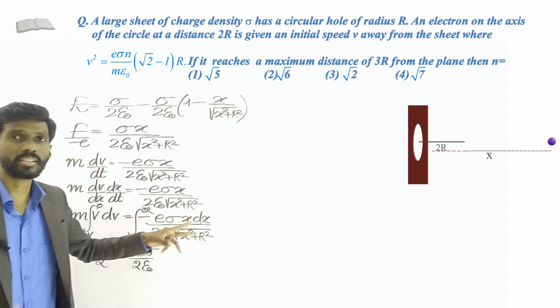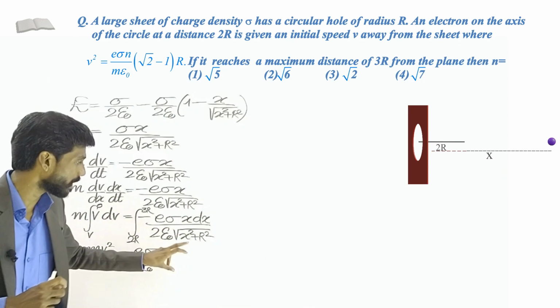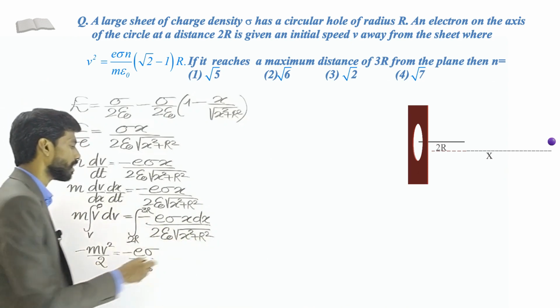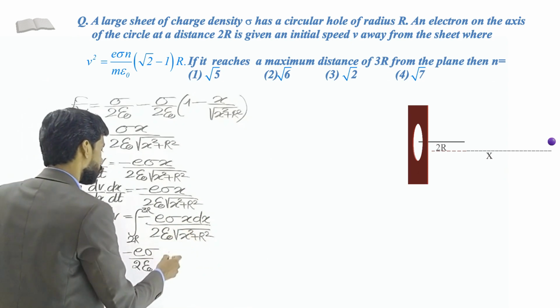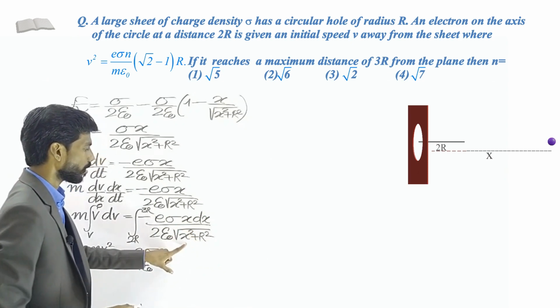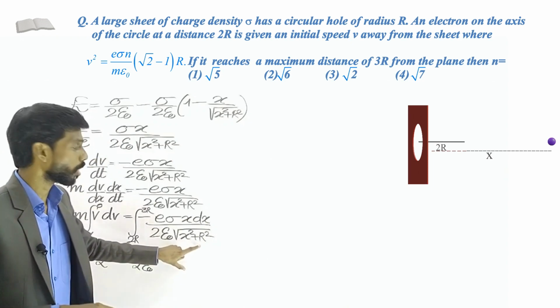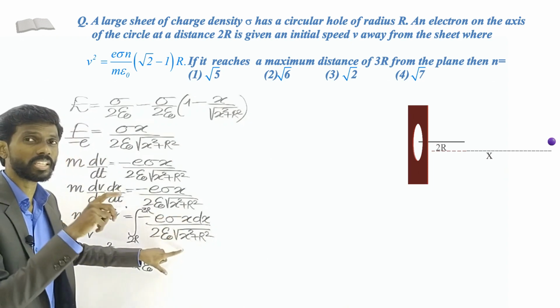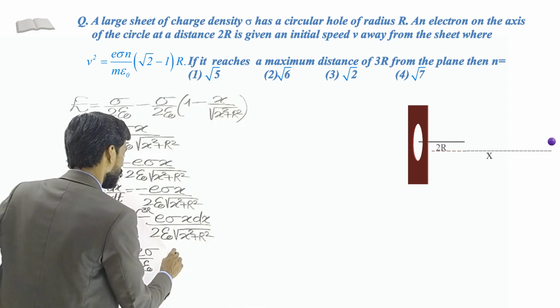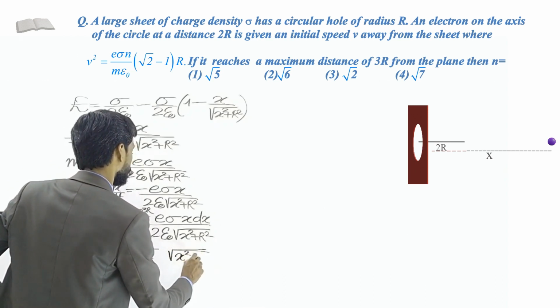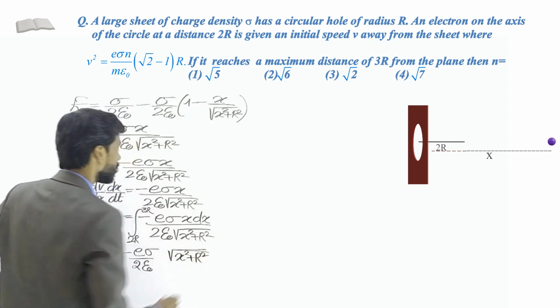If you do the substitution, it becomes 1 divided by root t dt, which integrates to the square root of t, that is the square root of x squared plus r squared.